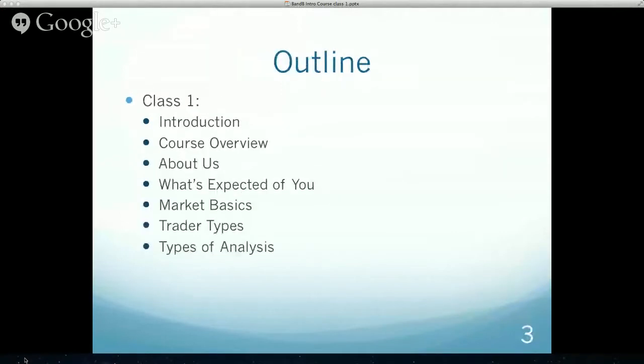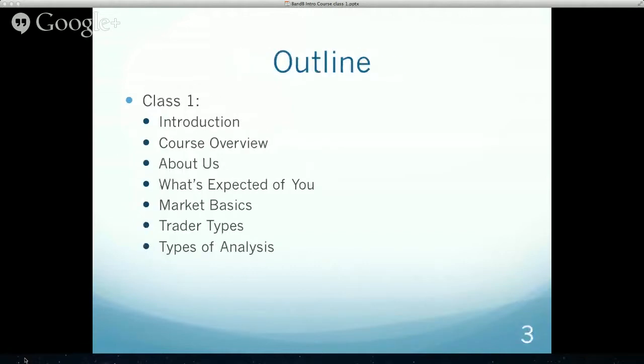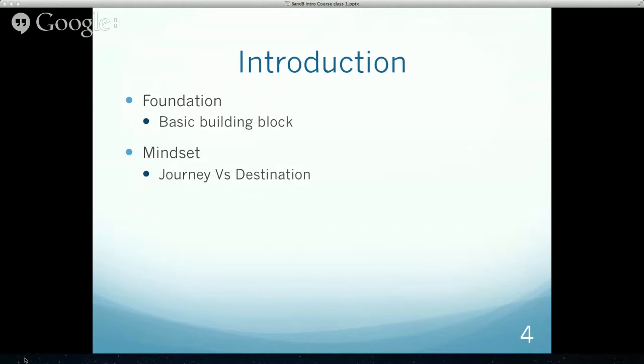All right, when I do this outline slide, I just have to bust through it and then go right to the next slide, because then we go through each one of these. So, introduction, course overview, talk a little bit about us, what's expected of you, market basics, trade types, types of analysis, introduction, foundation, basic building block, mindset, journey versus destination. All right, that's the intro.